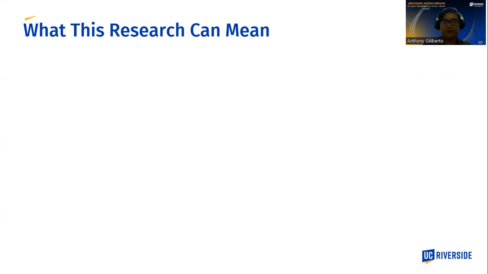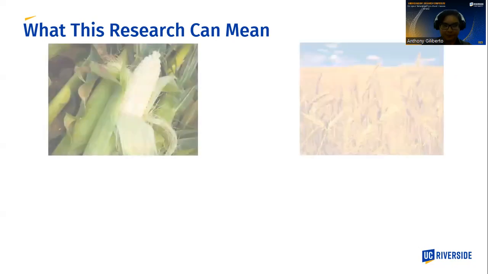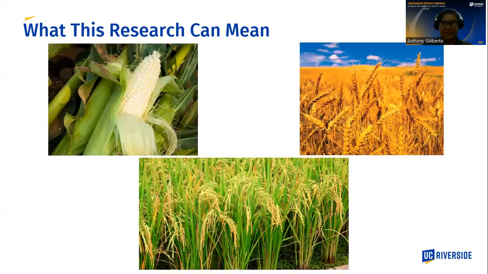Those consist of corn, wheat, and rice. By doing so, this would allow us to move towards a more sustainable form of agriculture, ultimately benefiting all of humanity. So we have the corn, wheat, and rice.